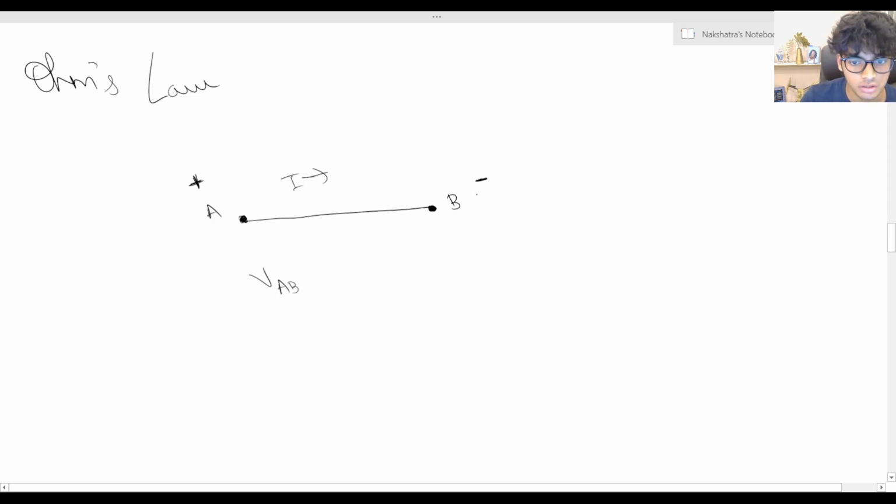Electrons will always go from negative to positive because electrons are negatively charged, they will go towards the positive end. But current is always in a direction opposite to the flow of electrons, so current will go from positive to negative.